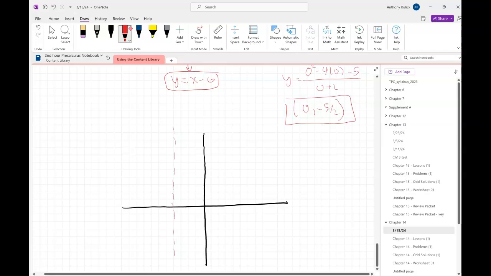So 1, 2, 3, okay. And then maybe I'll pick 4. If x is 4, y is -2, right?